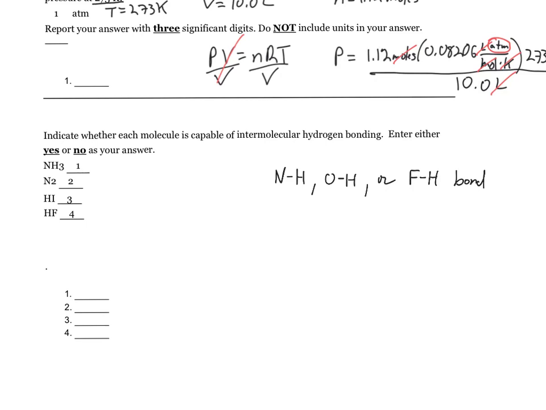You have to have that present in the molecule in order to get intermolecular hydrogen bonding. NH3, yes. N2, well, there's no hydrogen, so no. HI, there is a hydrogen, but there's no nitrogen, oxygen, or fluorine, so no. HF, yes.